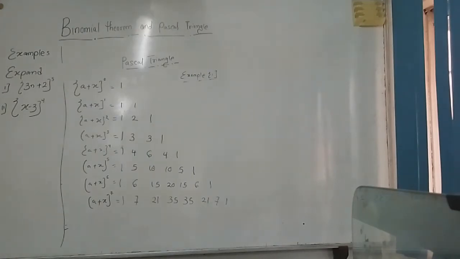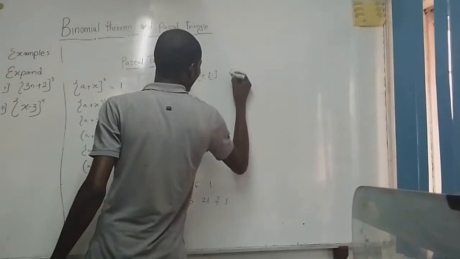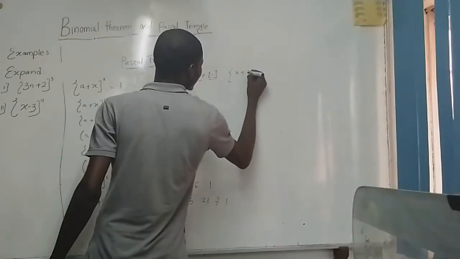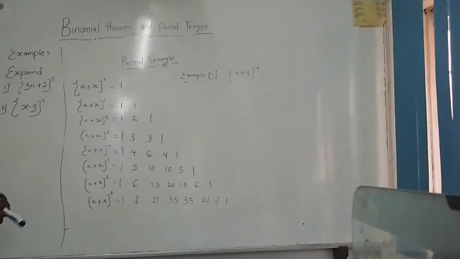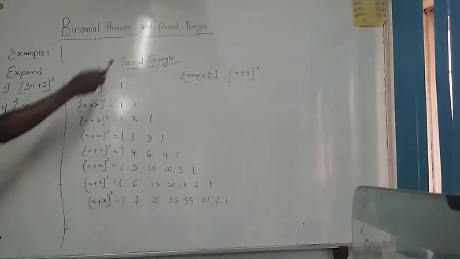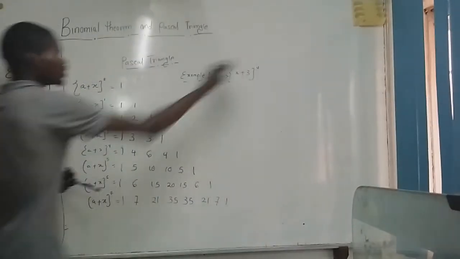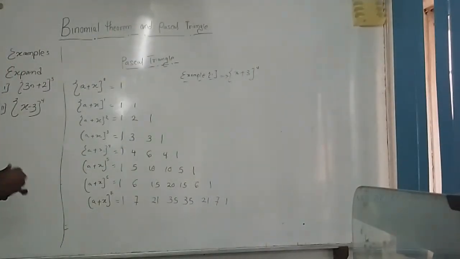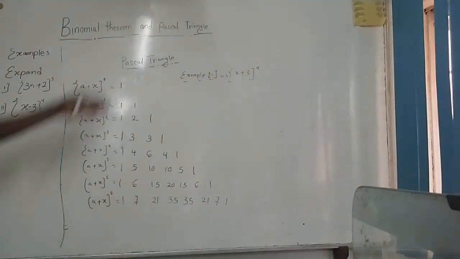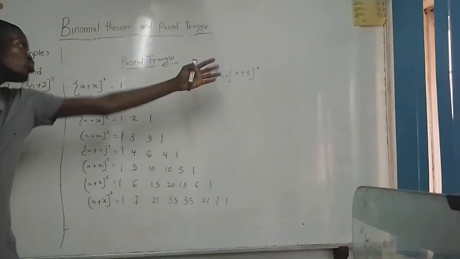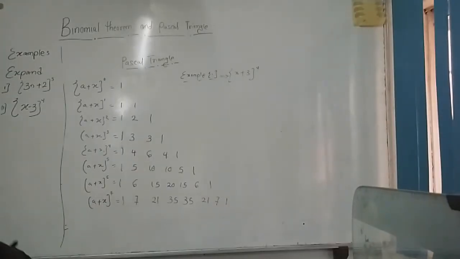When you have x plus 3 raised to power 4. This is the question. You say solve using binomial theorem or use Pascal triangle to solve. So this is the formula for Pascal triangle.